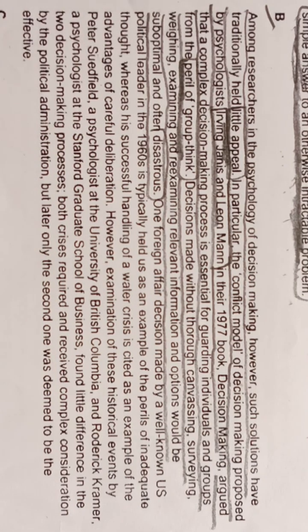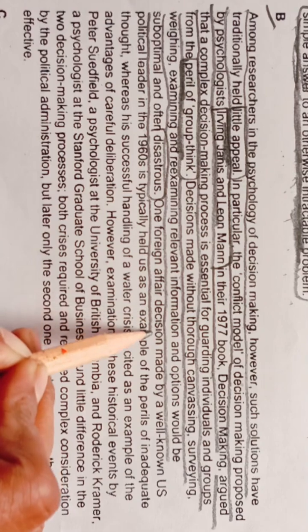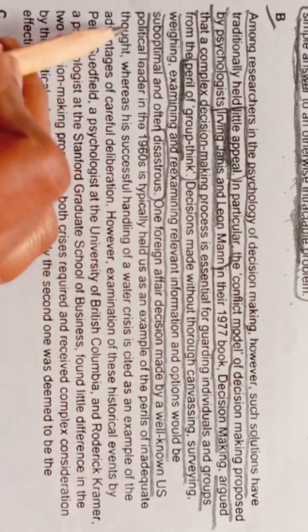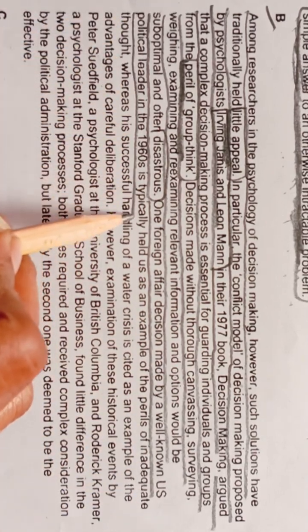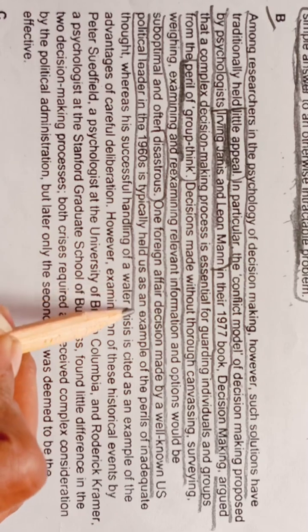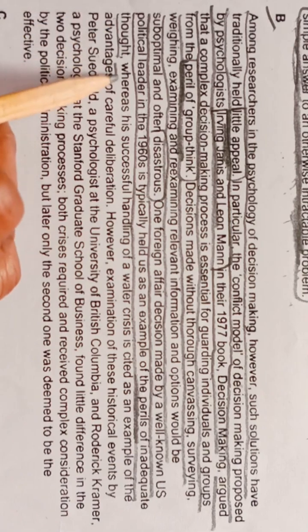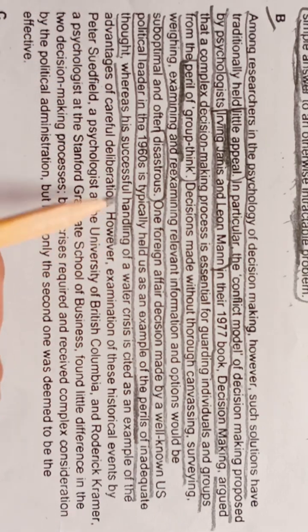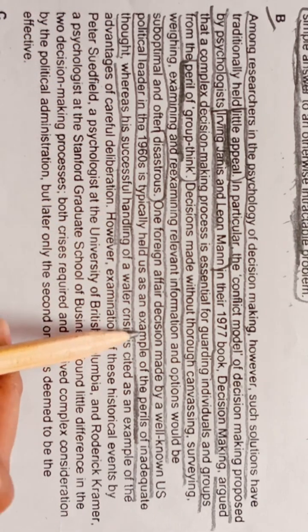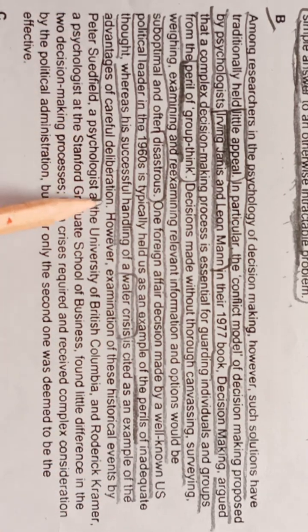Okay, so one foreign affairs decision made by a well-known US political leader in the 1960s is typically held as an example of the dangers, perils meaning dangers, of inadequate thought, whereas his successful handling of the crisis is cited as an example of the advantages of careful deliberation.